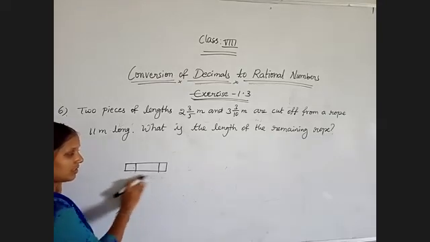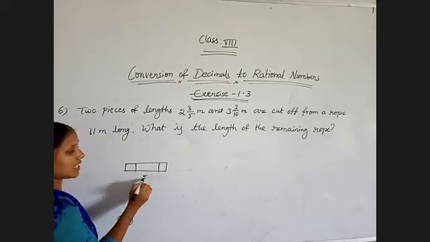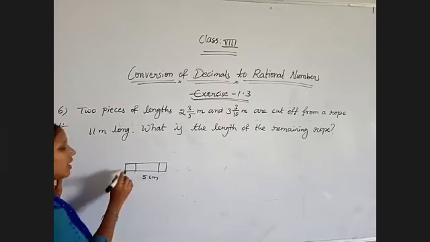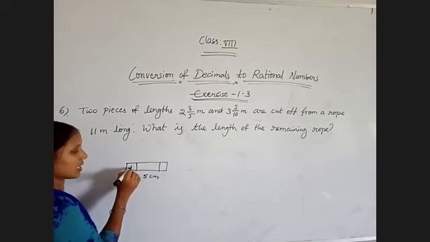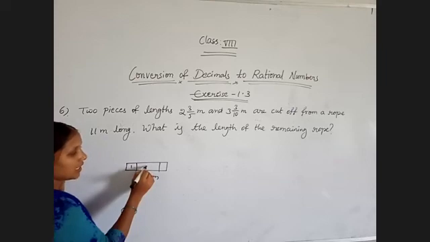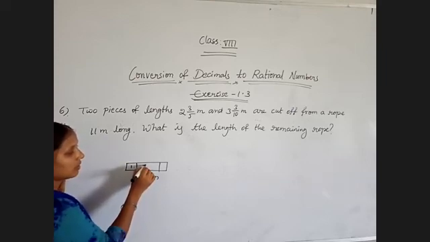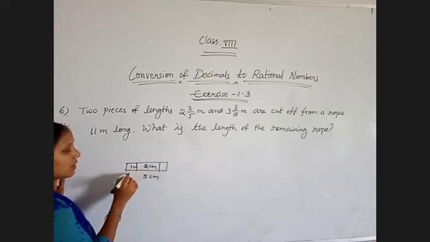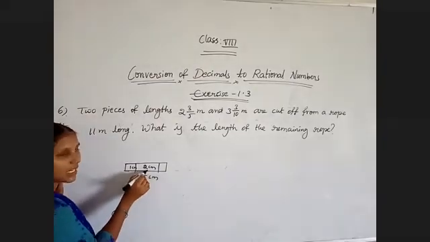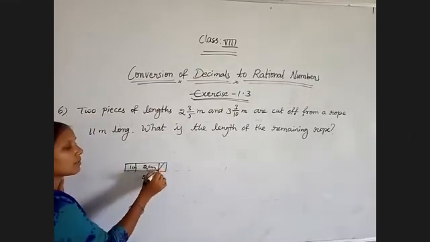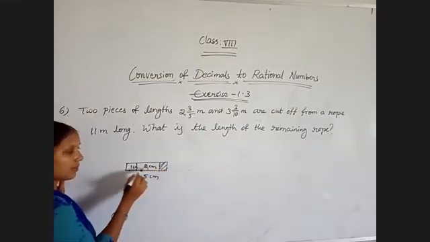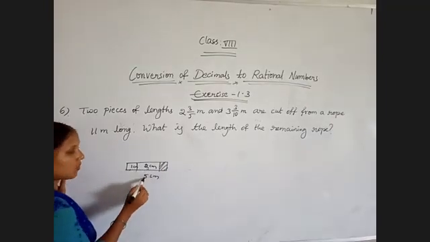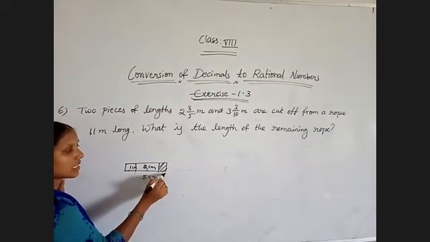One part is 1 centimeter, and the other part I have taken is 2 centimeters. Then what will be the remaining part? 1 plus 2 is 3, so 5 minus 3 is equal to 2.